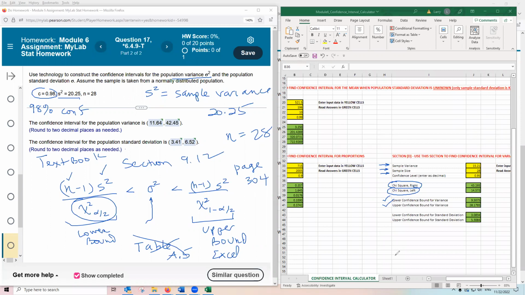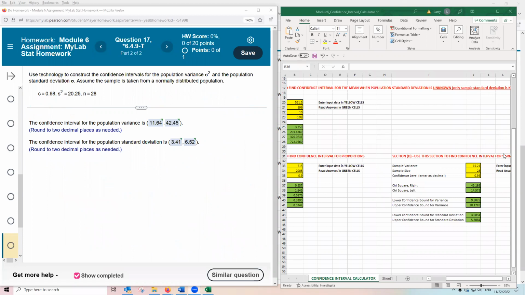All right, so let's go do this example here. I'm going to enter the sample variance here of 20.25. So 20.25 in this first yellow box. Next, we need the sample size that was given to us as 28.